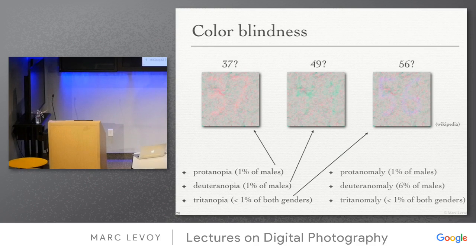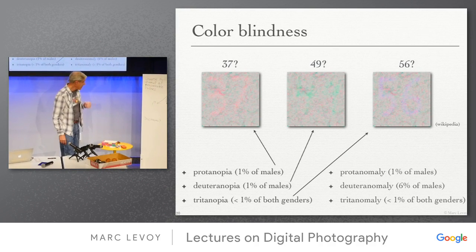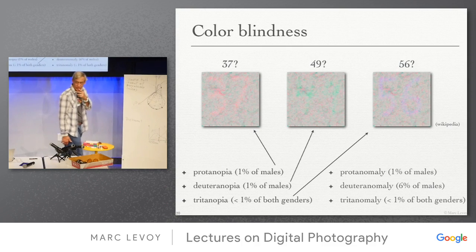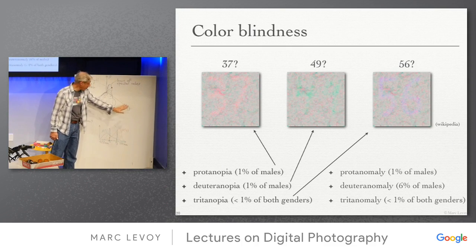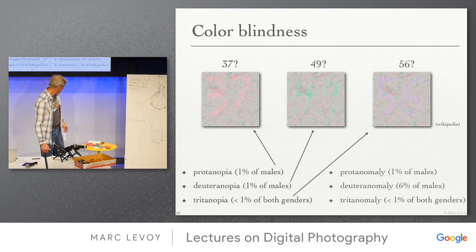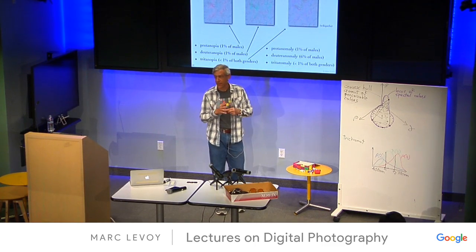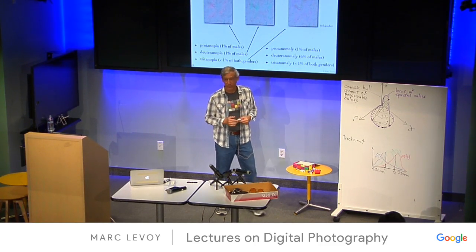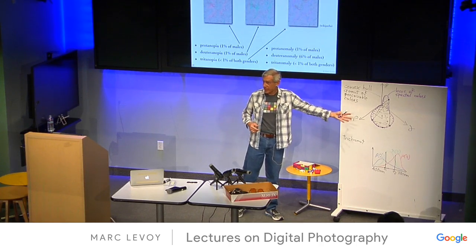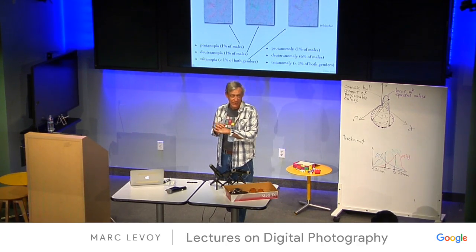So let me make one more drawing here. Suppose that we were missing one of our wavelengths, one of our receptor systems. Let's say we were missing our gamma receptor system. So what would we see? Suppose we were missing our gamma receptor system, what would the locus of spectral colors look like?